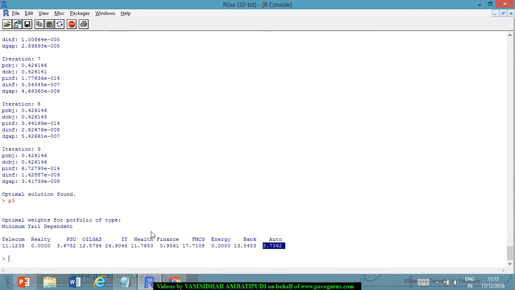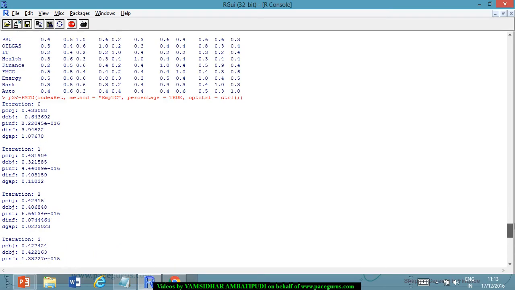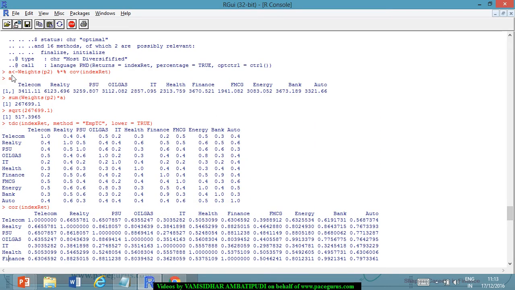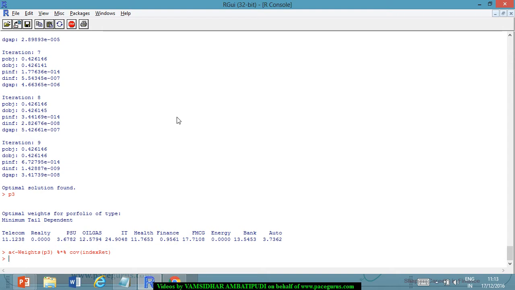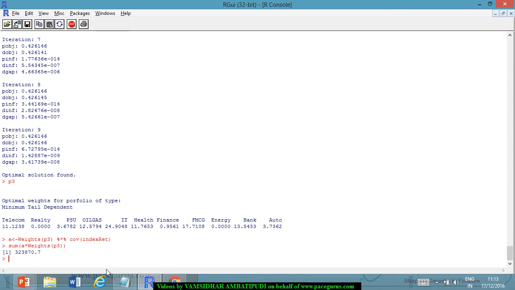Going with this, if I look at the overall variance of the portfolio, it could be higher than that 467. The overall standard deviation could be higher than 467, which we got through the global minimum variance portfolio. If I look at the sum of A multiplied with the weights of P3, this has gone up to 323,000, and the square root of this has gone much higher.